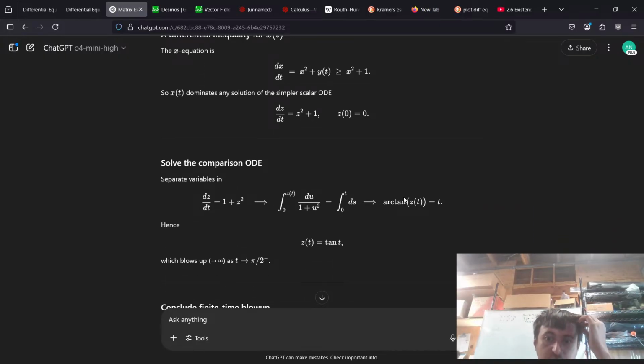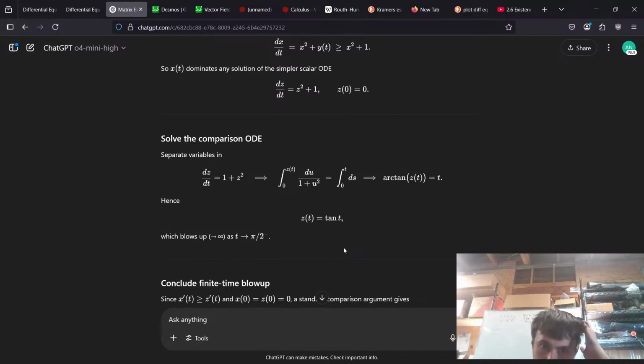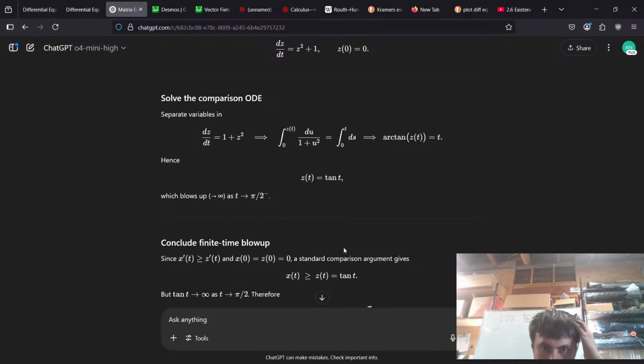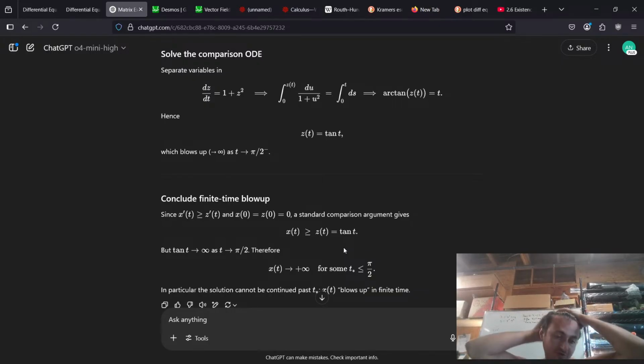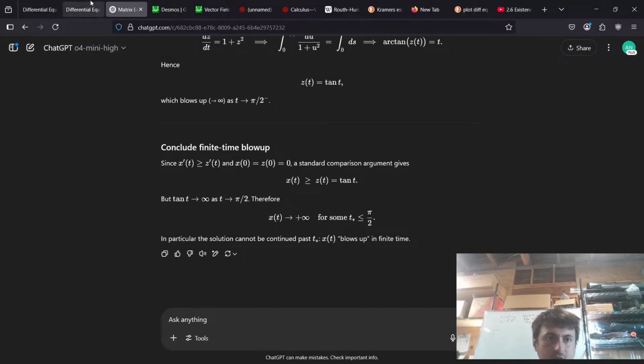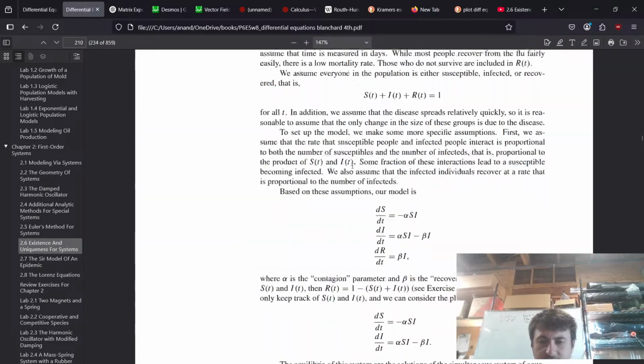Wow, that's a hard problem. We need more problems like that. That's crazy hard. Or it's hard just because I would never have thought of doing an inequality argument like that. It's really clever.